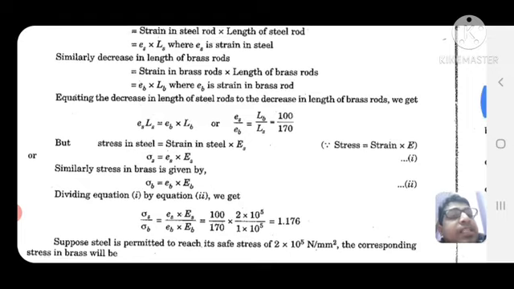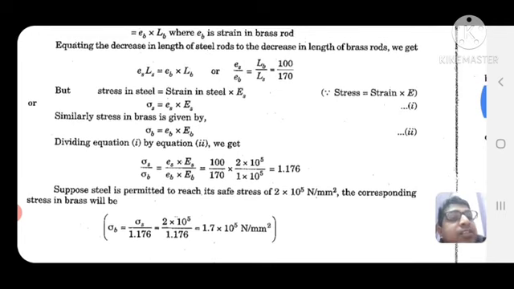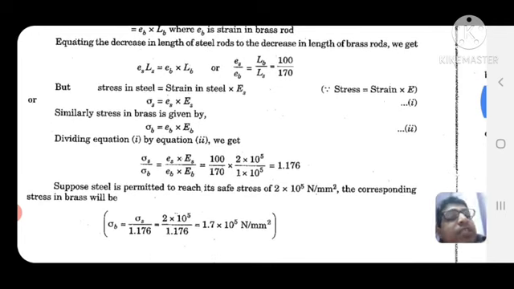Similarly, decrease in length of brass rod is equal to strain in brass rod multiplied by length of brass rod, epsilon B into LB, where epsilon B is the strain in the brass rod. So epsilon S into LS is equal to epsilon B into LB; strain into original length means both elongations will be equal.